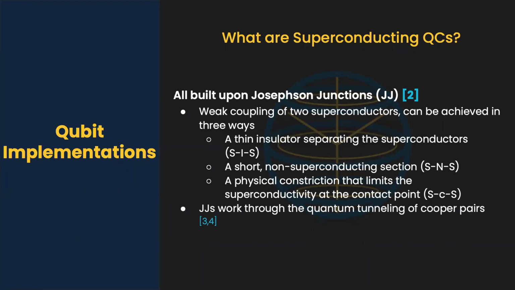You can separate them with a short non-superconducting section. Or you can do it physically, where it's the same superconductor all the way through, but you restrict its superconductivity at the connection point. And Josephson junctions work by the quantum tunneling of Cooper pairs through that little barrier.